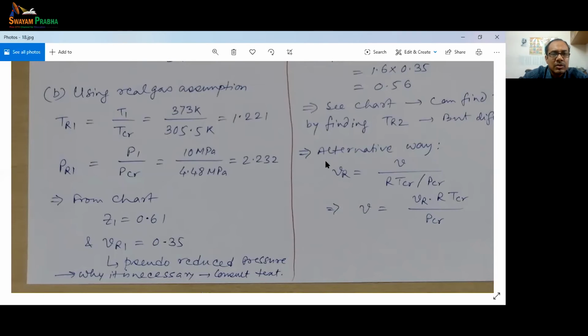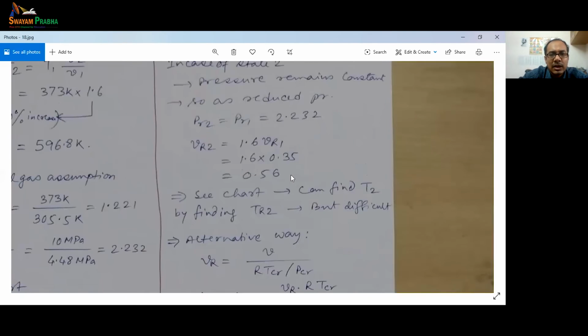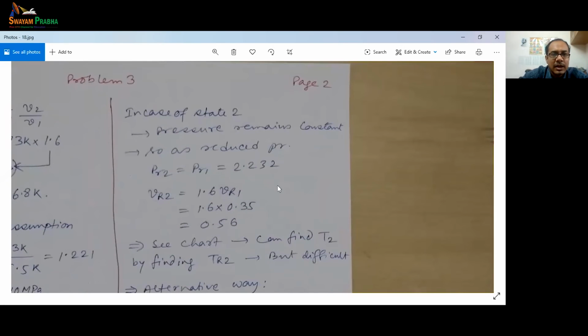So these two values we read from the chart, and now let's see how we are going to use them. Here pressure remains constant, so the reduced pressure will be constant, right? Because both are normalized by the same factor. So PR2 will be the same as PR1, 2.232.